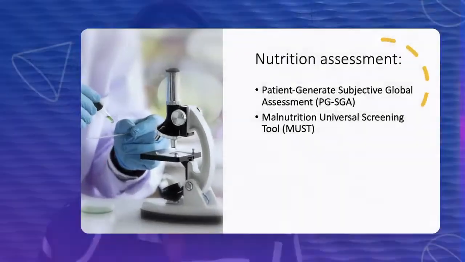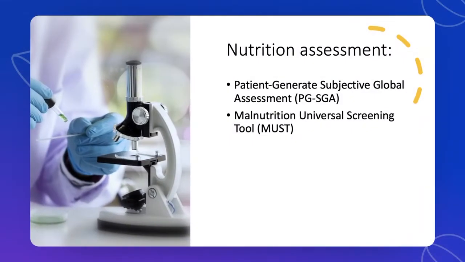So, the ideal way to deal with a cancer patient is to do nutrition assessment, diagnosis, and intervention. I'm going to start with the nutrition assessment. Nutrition assessment is done by two tools. We have the PG-SGA, Patient Generated Subjective Global Assessment, and MUST, Malnutrition Universal Screening Tool.